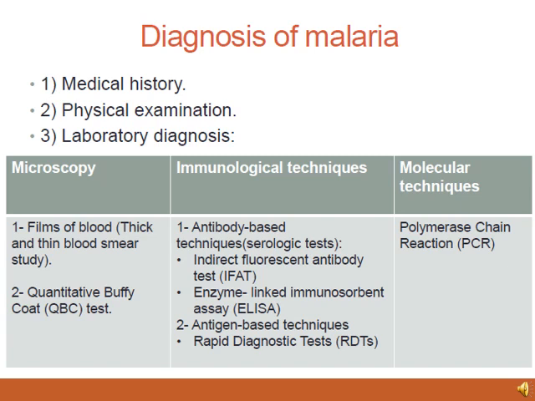The antibody based techniques are serological tests, including indirect fluorescent antibody test and ELISA, that is the enzyme linked immunosorbent assay. The antigen based techniques are rapid diagnostic tests. Then there are molecular techniques which include PCR, that is the polymerase chain reaction, for the diagnosis of malaria.